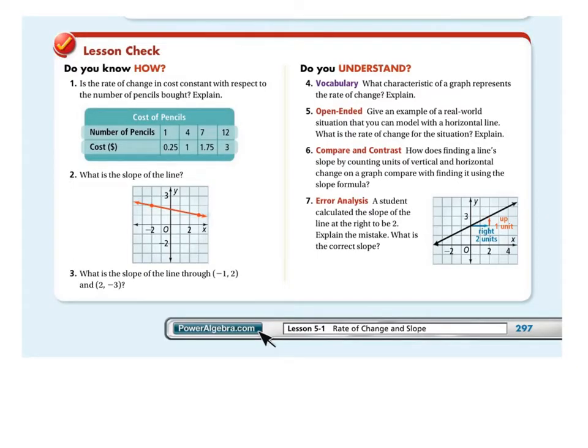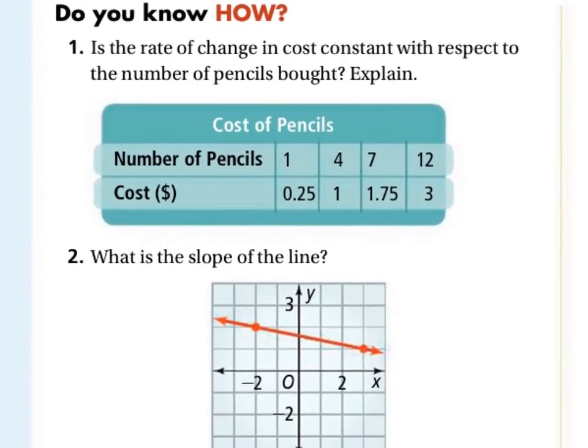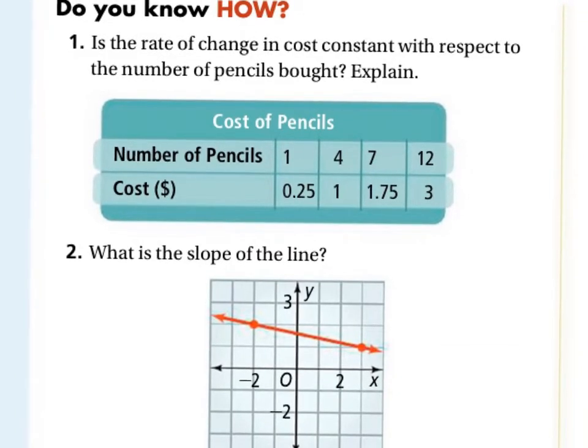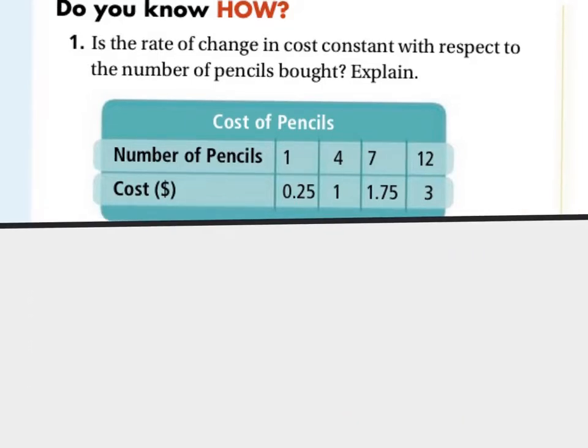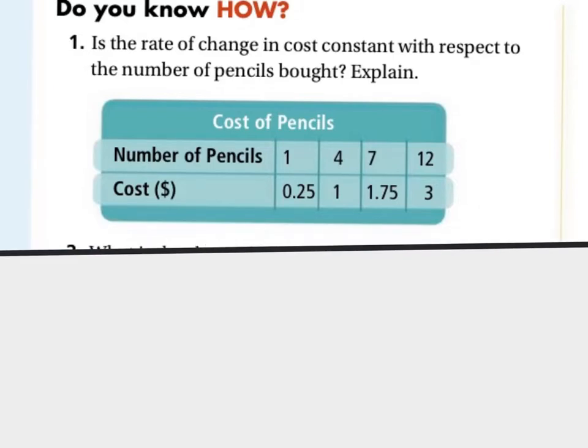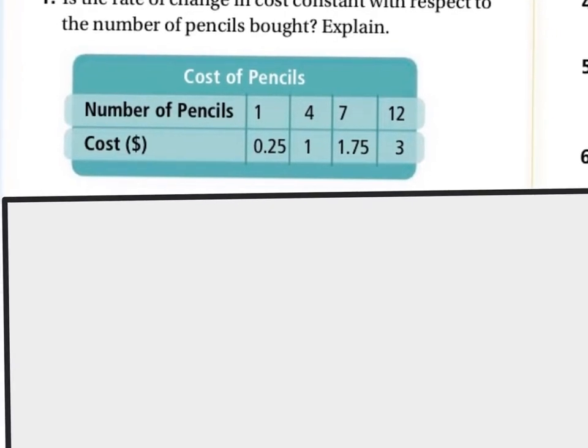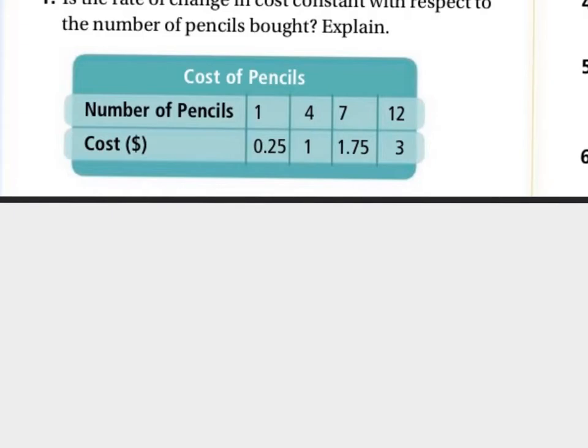So we look at lesson check number 1. Is the rate of change in cost constant with respect to the number of pencils bought? Explain. So what they're asking basically is whether it's a constant change. We could divide a bunch of these out, or you could look at what kind of changes we have in our table. Here you could see the cost went up 75 cents for 3 more pencils.